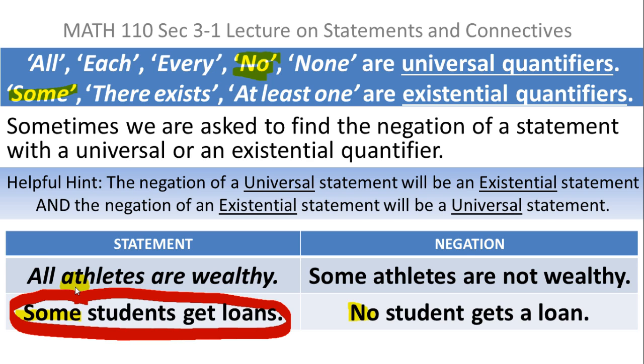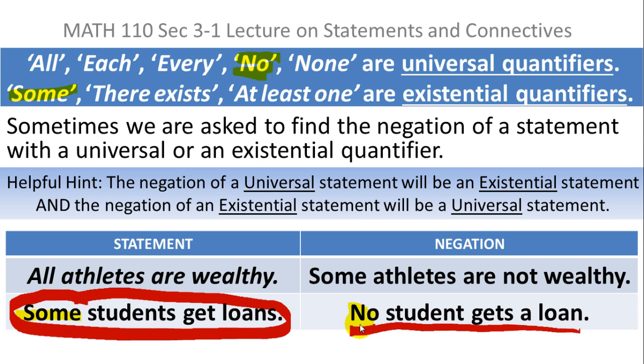I would have to contend that no student gets a loan. If I found one student that got a loan, then the fact that some students get loans would be true. So if I'm trying to negate that statement, and I'm going to use no, then I've got to assert that no student gets a loan.